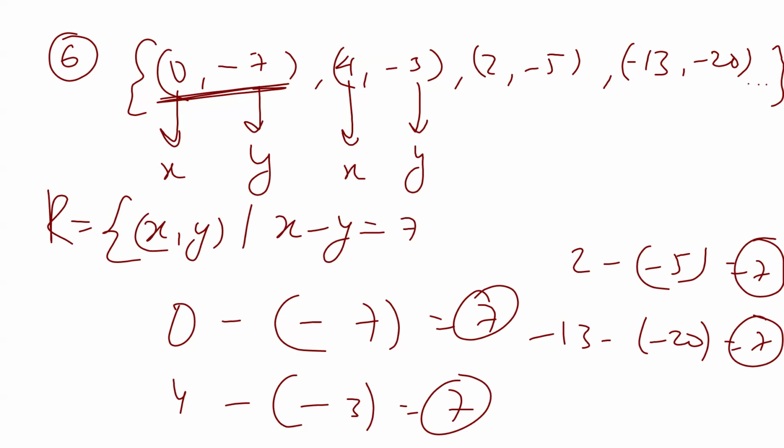Now these are only some specific values. It's an infinite set, so we'll stop over here. We cannot write x belongs to something or y belongs to something. So that was the sixth question.